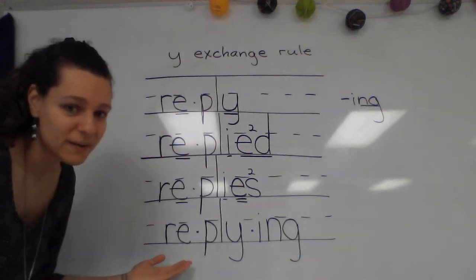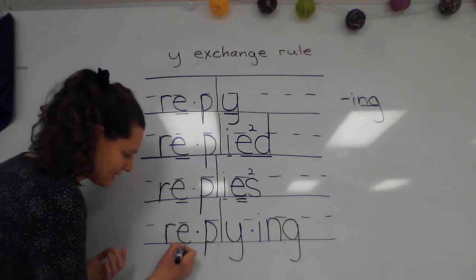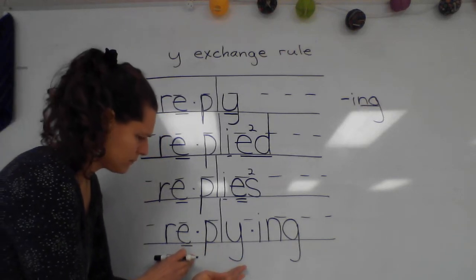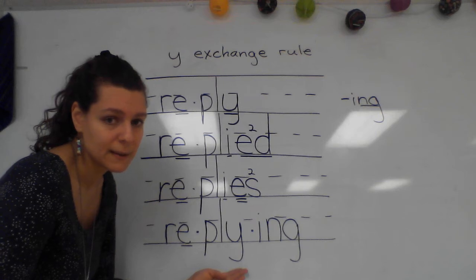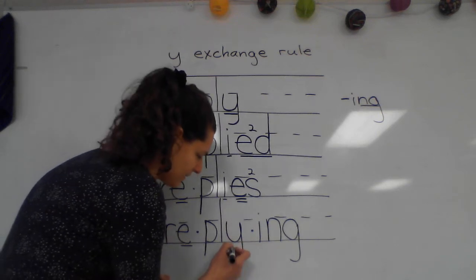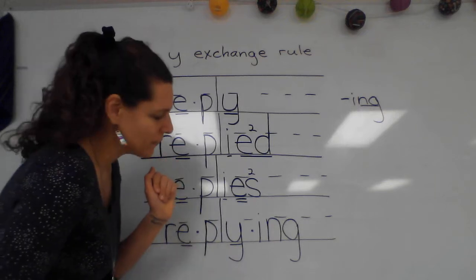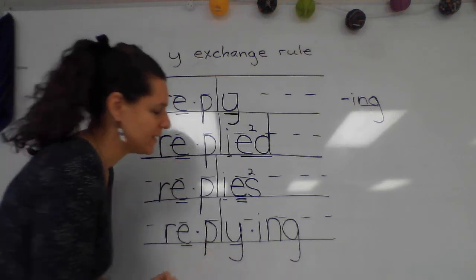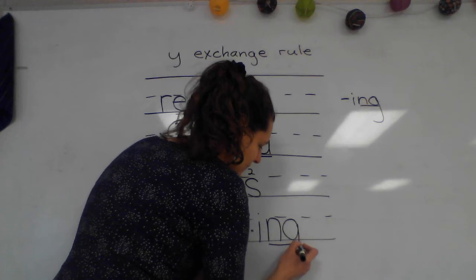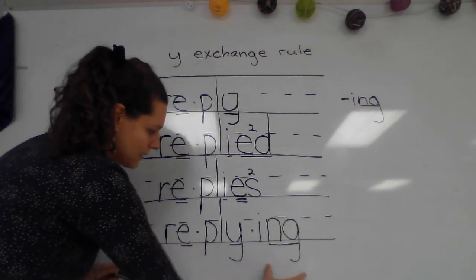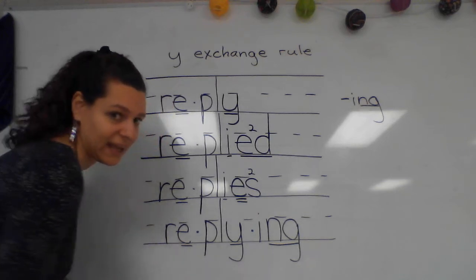All right, what do I need to mark in my first syllable? Excellent, the E because it's saying its name. What about my second syllable? Good, I underline my Y because it's saying its vowel name. And how about my third syllable? Good. All right, let's read our word we just wrote. Good, replying.